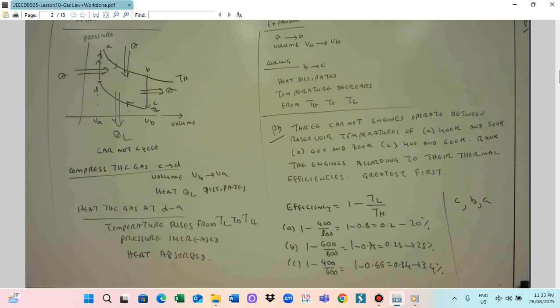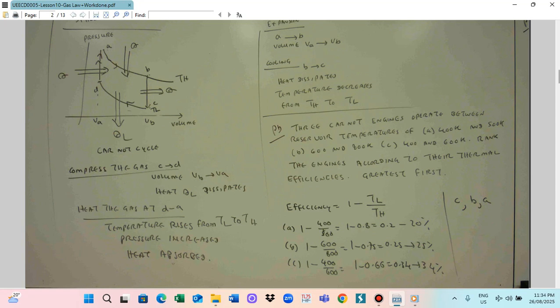So this is 1 minus 0.66, so we get 0.34, so 34%. So you can see that C is 34%, B is at 25%, A is at 20%. So the greatest is C, then B and then A. So this is how we can calculate.